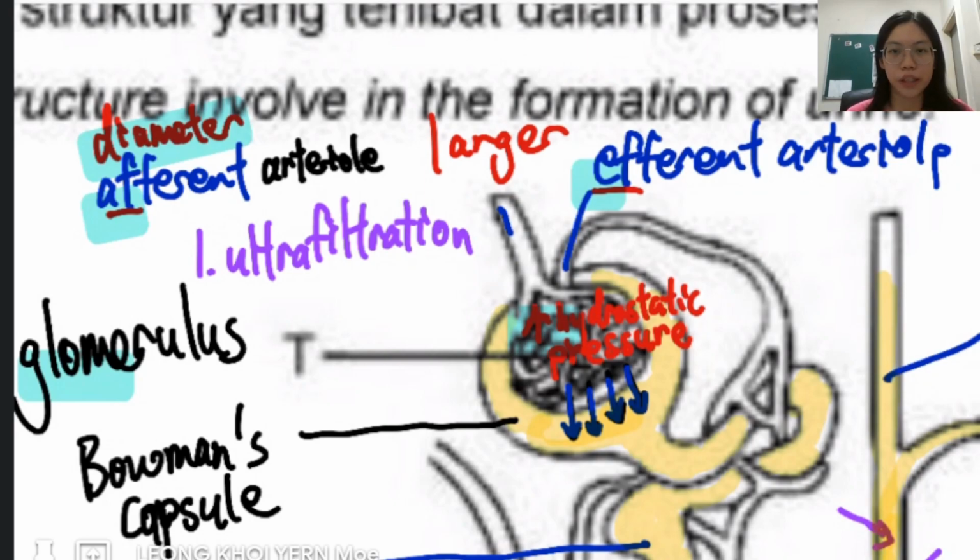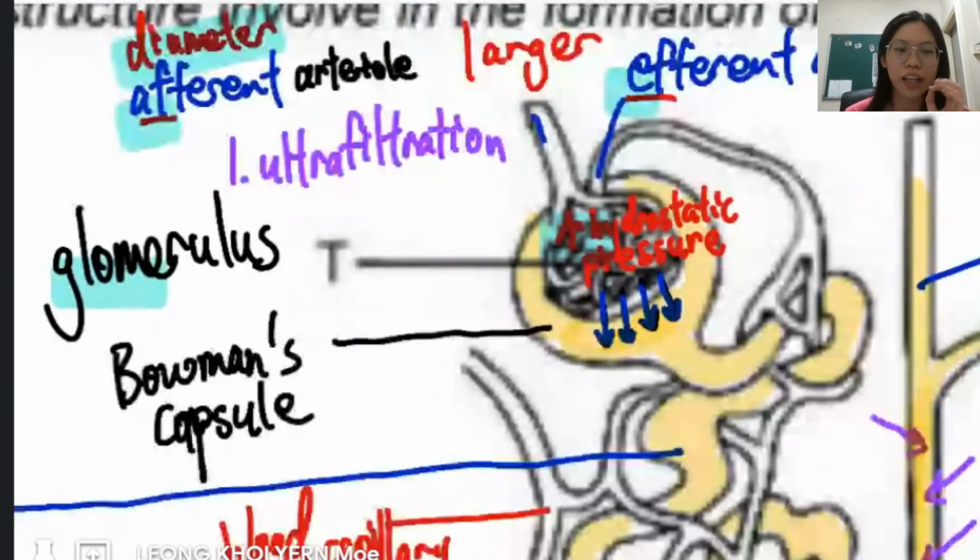So that's why there is high hydrostatic pressure. Pressure means you push, so it pushes the fluid, and the fluid seeps through the wall of the glomerulus into the cavity of the Bowman capsule.